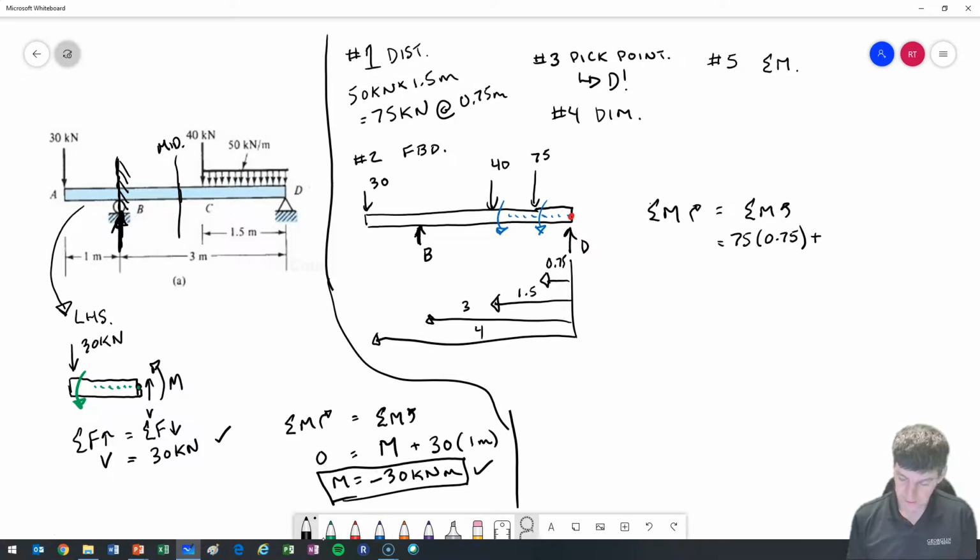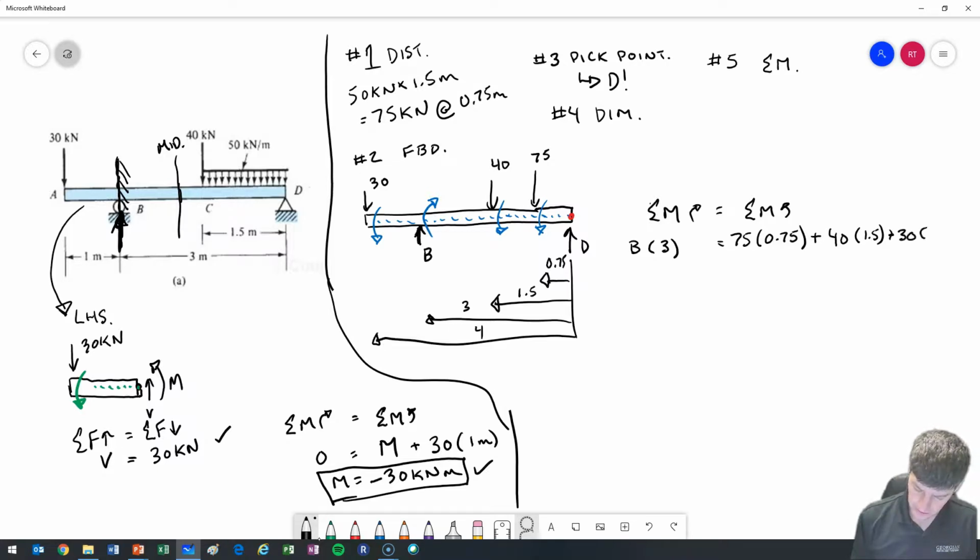Keep moving across. So 40, and that's at a distance of 1.5. Keep moving across. Oh, I got B, and he's coming up the other way. So B at a distance of 3. And keep going across, and then down, and I have 30 at a distance of 4.